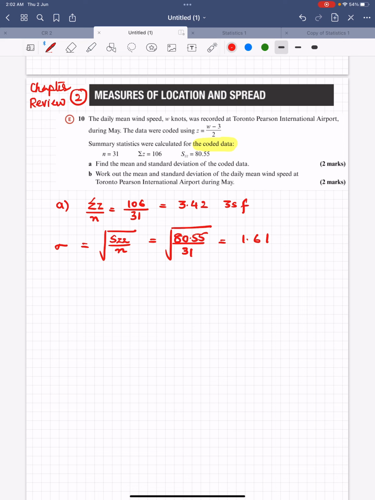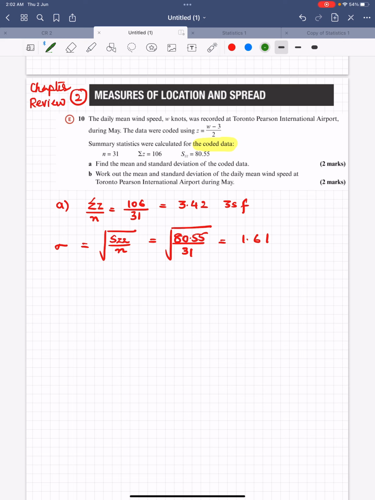Part B, work out the mean and the standard deviation for the uncoded data. So we need to now calculate the original mean and the standard deviation using the mean and the standard deviation which we have, which is coded.